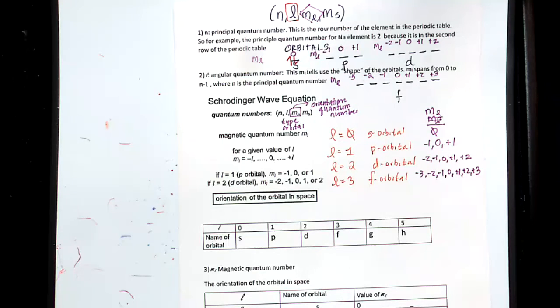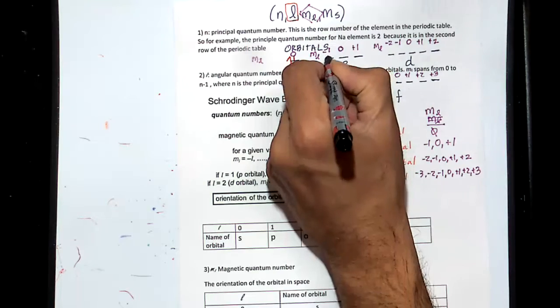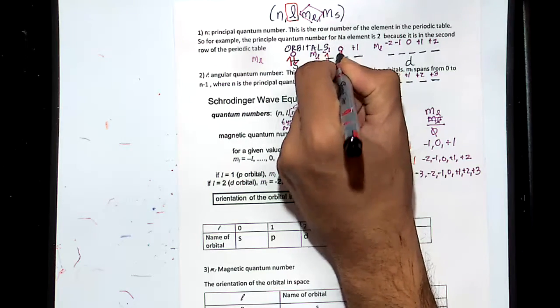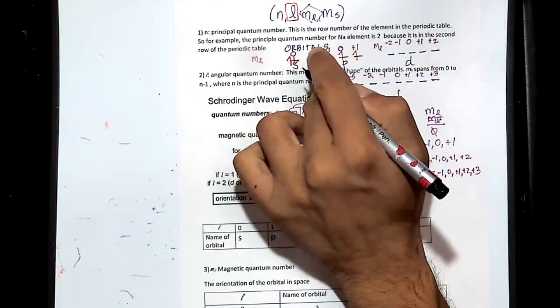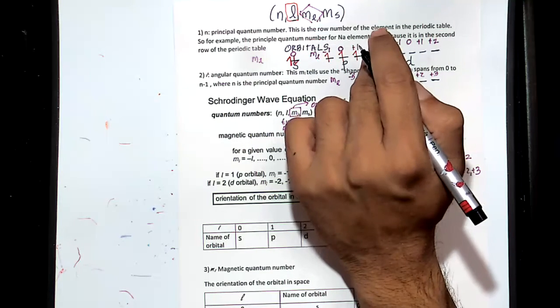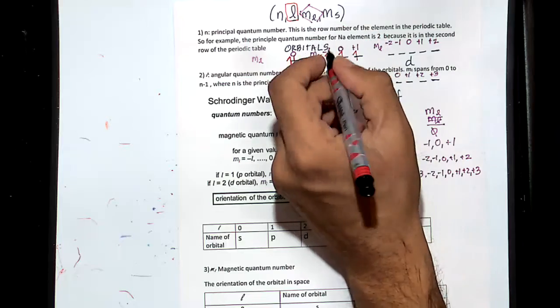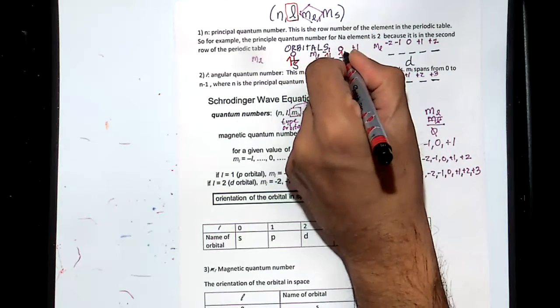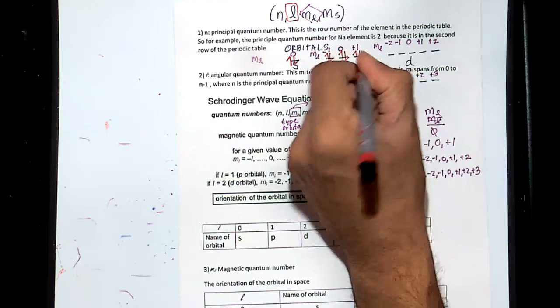So the s orbital, spin up, spin down. And the p orbital, they're going to march, spin up, spin up, spin up, +1/2, +1/2, +1/2. Then what? They will go spin down and pair. -1/2 spin down, -1/2 spin down, -1/2 spin down.